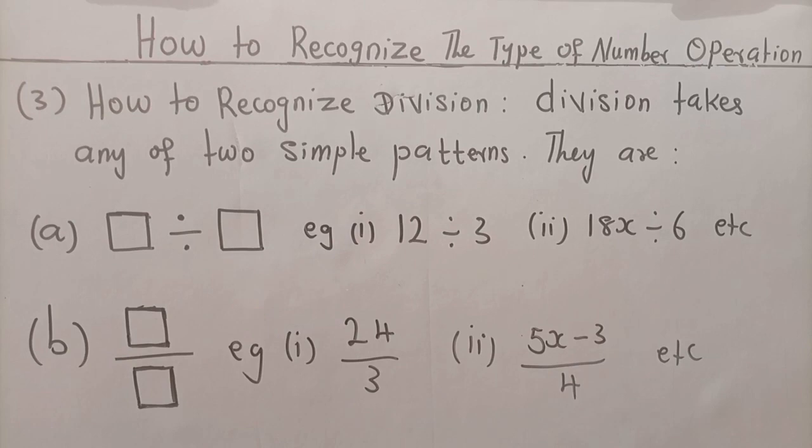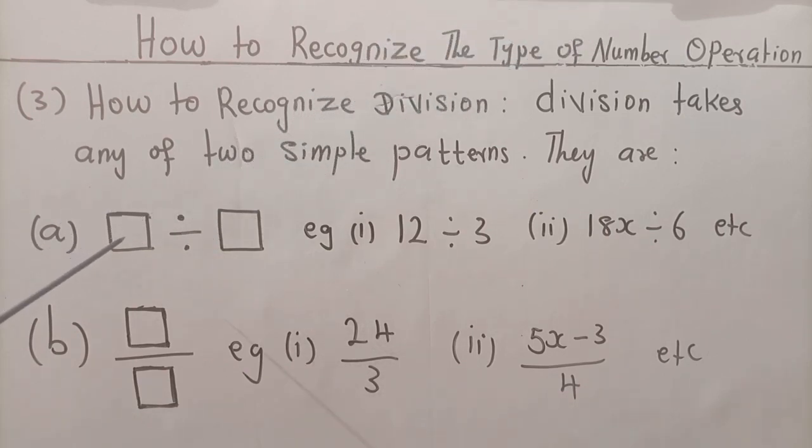And now that third one, how to recognize division. Division takes any of 2 simple patterns. It appears to be the simplest of all when it comes to recognizing whether it applies or not. What are those simple patterns? They are just 2. Look at the first one. Box divided by box.